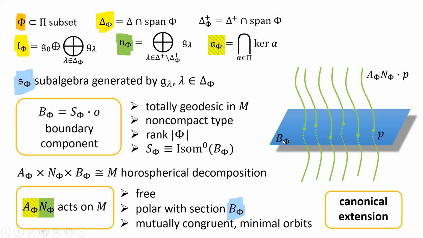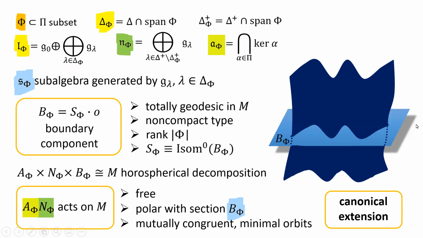Now imagine that on B phi you have a homogeneity one action with some orbits. Imagine that this is one of the orbits. Now you extend this orbit to a bigger submanifold of the ambient space by attaching all the A phi and phi orbits.